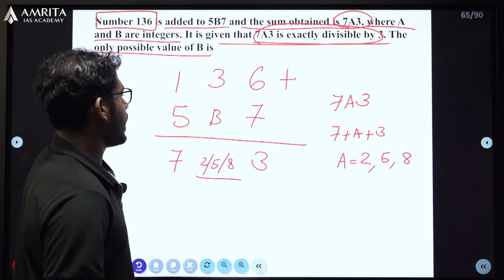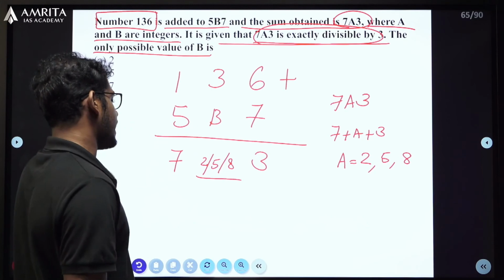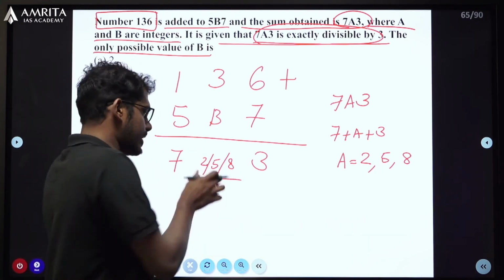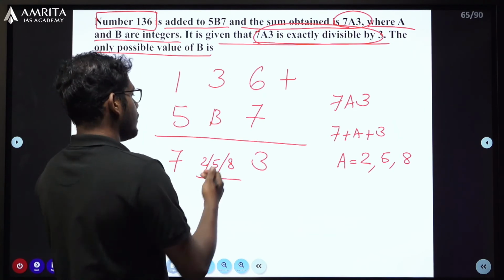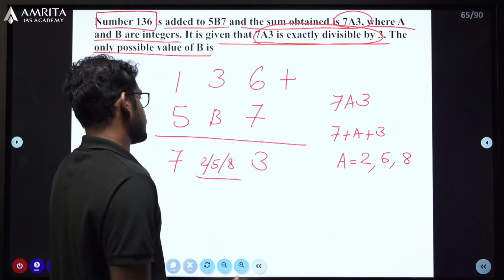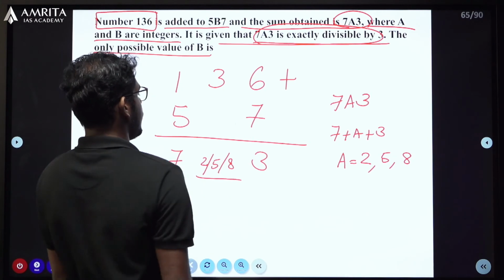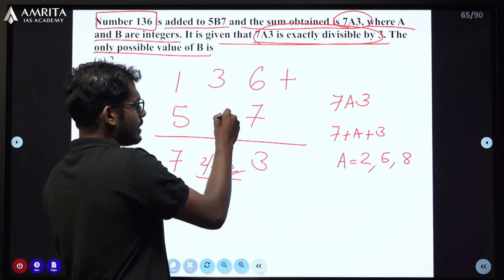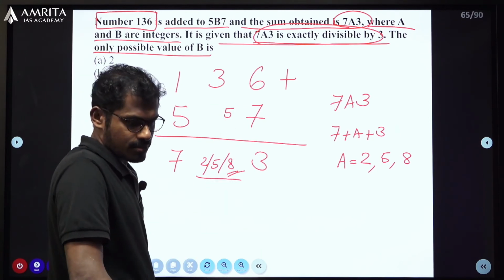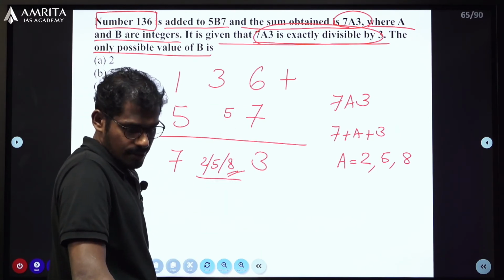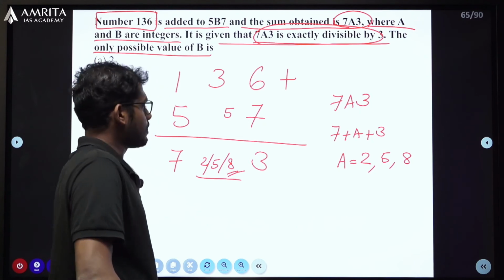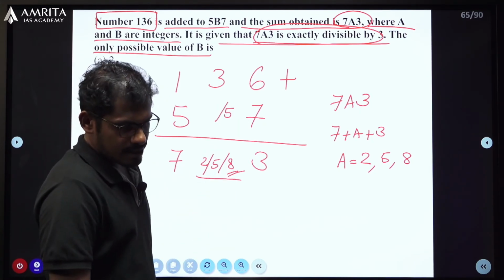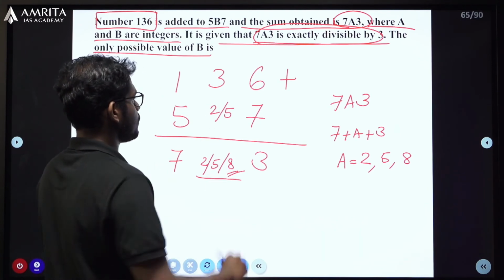If 3 is added with B and the result is 2 or 5 or 8, with the remainder or without remainder. If 8 is to be obtained, then it can be 5. If 5 is to be obtained, then it can be 2.